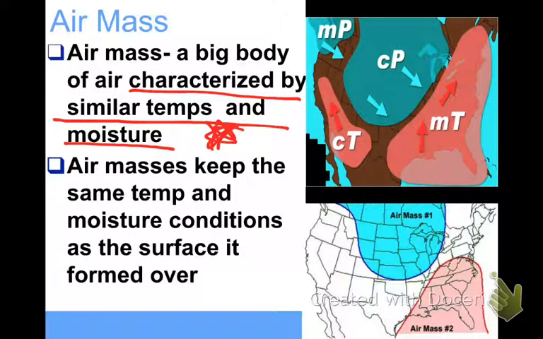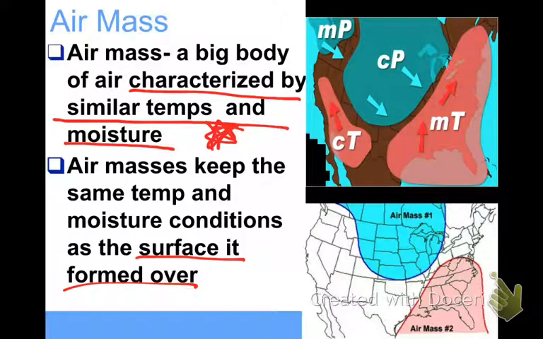The other important thing to know about an air mass is it keeps the same temperature and moisture conditions as the surface it formed over. That's the key part. So if you are a cold, dry air mass, you form over the middle of Canada, then because you formed over the middle of Canada, that's the conditions you have.